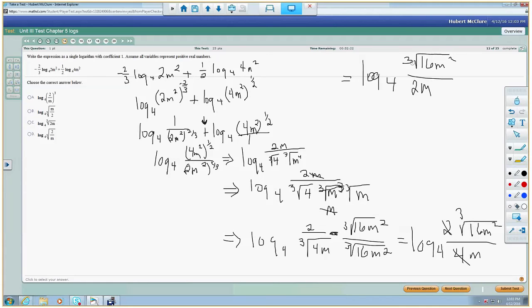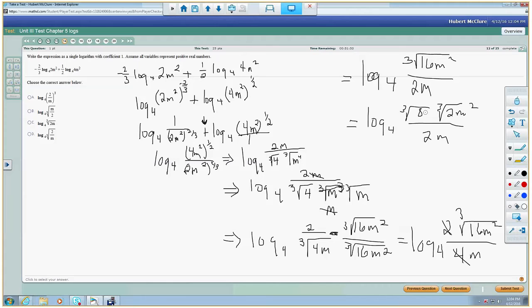And you can break this up into 8 times 2, right? Log base 4 of the cube root of 8 cube root of 2m squared over 2m.